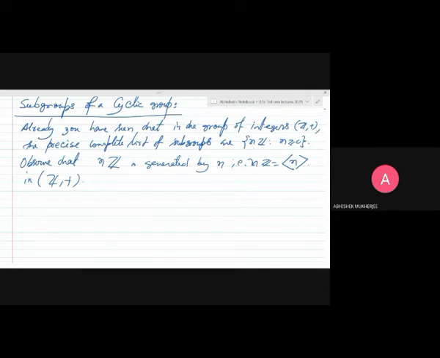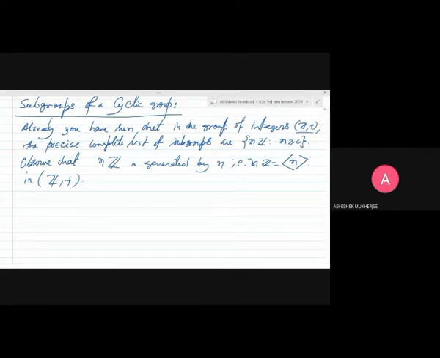But before going to state this, you need to prove that every subgroup of a cyclic group must be cyclic. Then you can say that yes, because it is a subgroup of that cyclic group Z plus, it must be cyclic and it must be generated by some n.